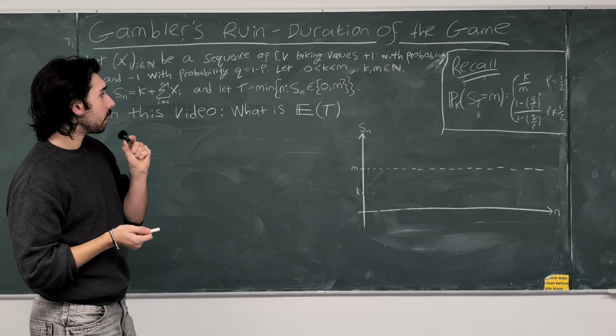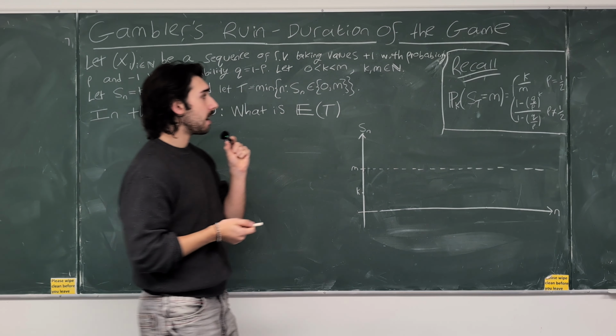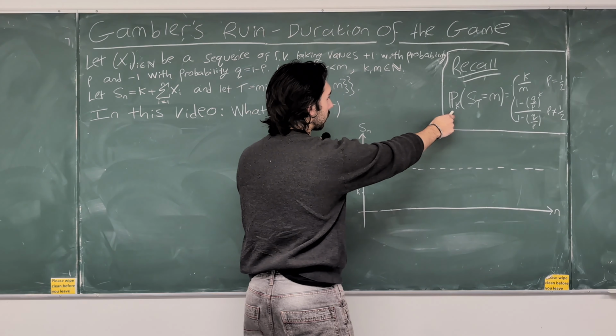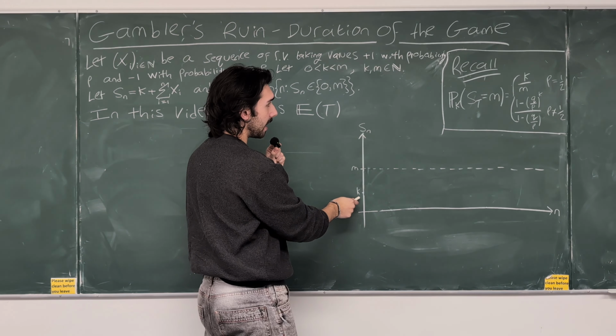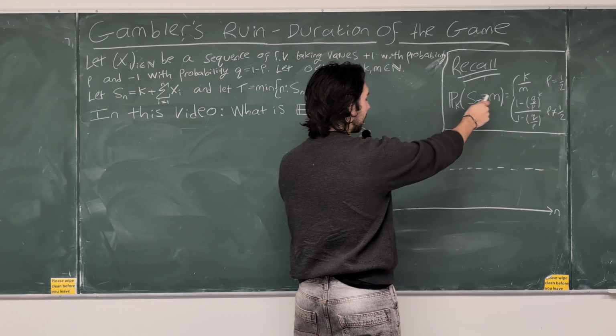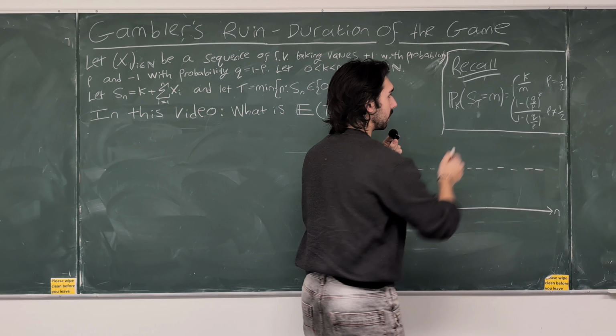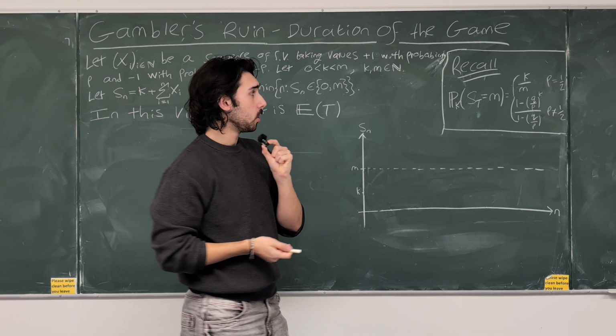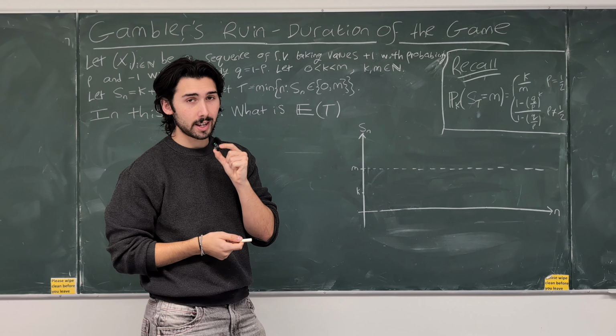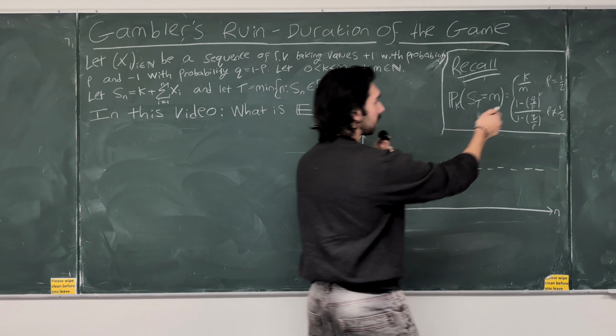In the last video, we found that the probability of starting at some point k and then stopping at m is given by either this expression or this expression, depending on what p is. We solved a recurrence relation or a difference equation, and we ended up getting this.